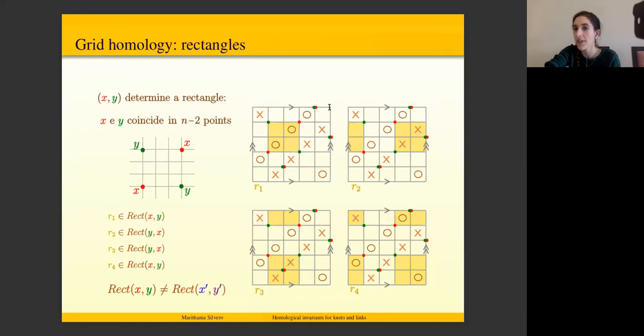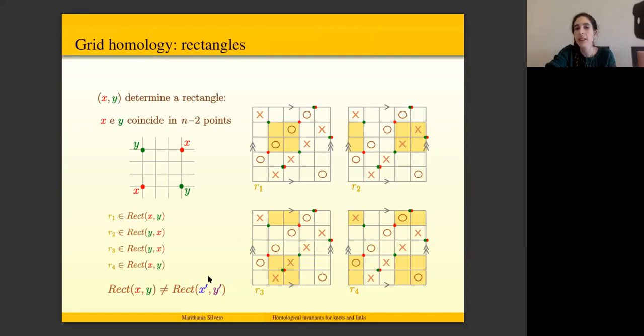They are different even if the yellow region is the same. Do I explain myself? If the points where they coincide are different, then the rectangle is different, even if the rectangle that you draw has the same shape, because you have different generators, right?